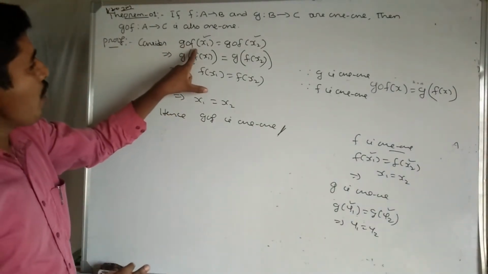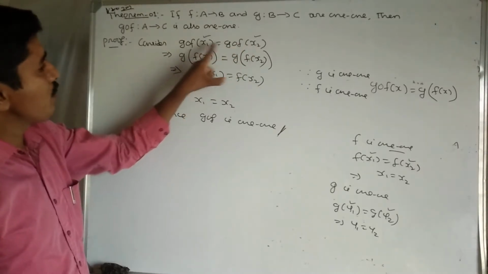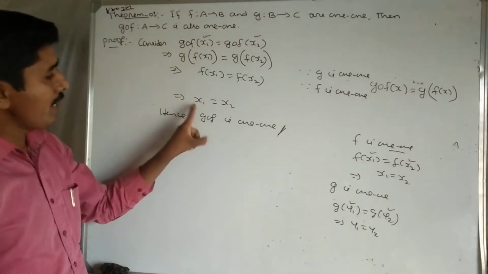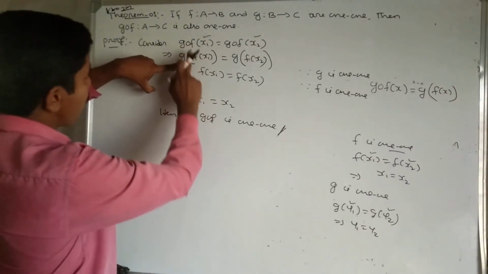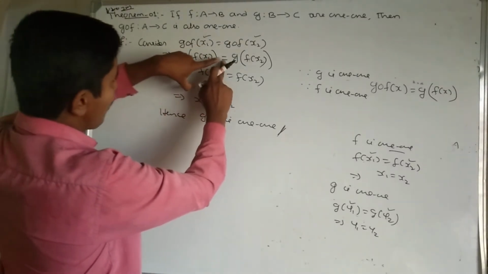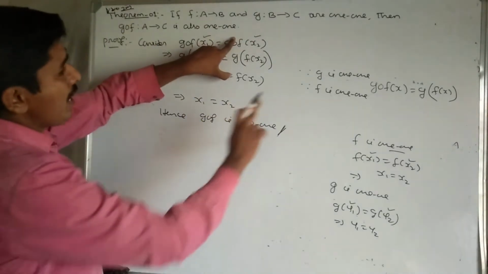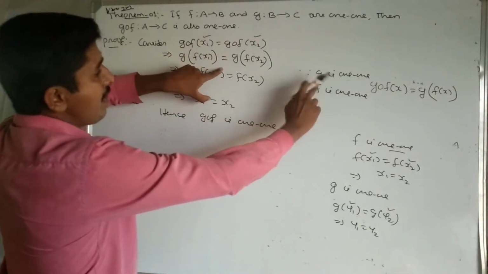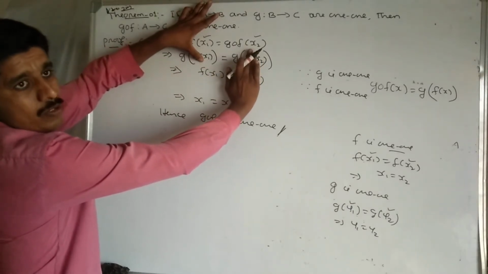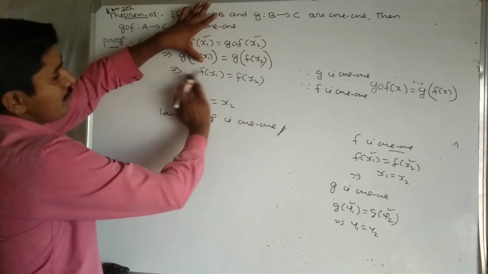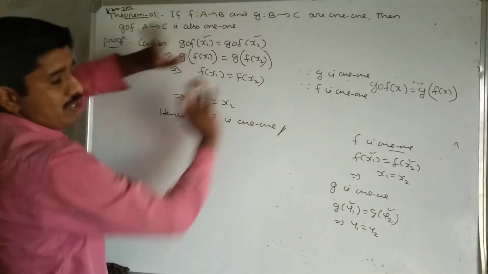Let us take gof(x1) equal to gof(x2), with domain elements x1 and x2. We have to prove that x1 equals x2. This can be written as g(f(x1)) equals g(f(x2)). Given that g is one-one, with domain elements f(x1) and f(x2), their domain elements are equal: f(x1) equals f(x2).